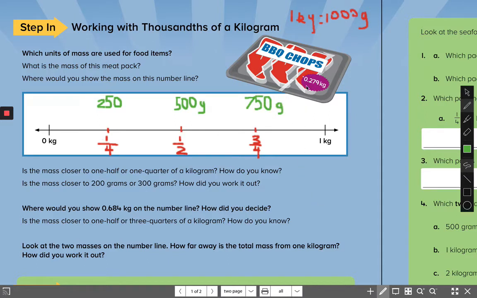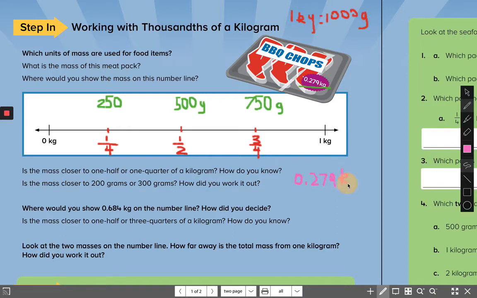We can have a look and decide where this mass or weight is going to go. Now remember, let's do this exercise just for the sake of it. Remember, if we have something, a 0.279 kilograms.